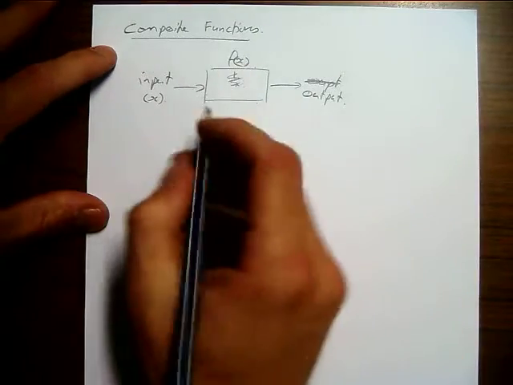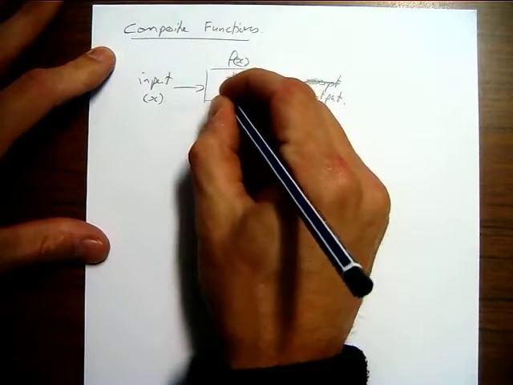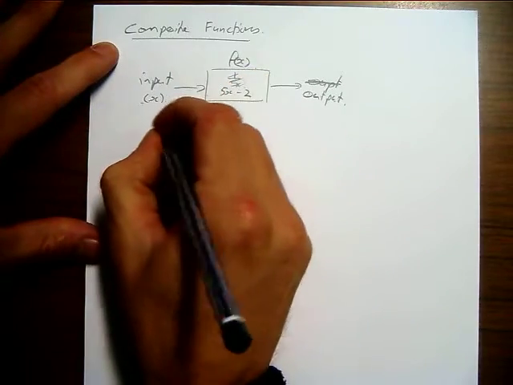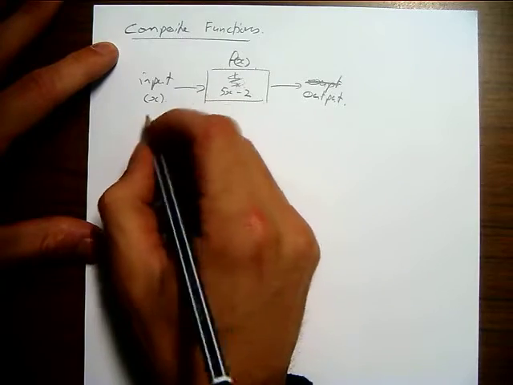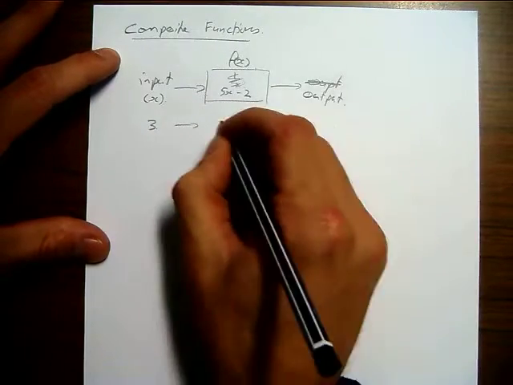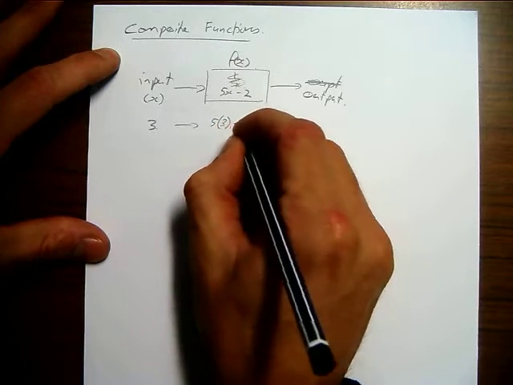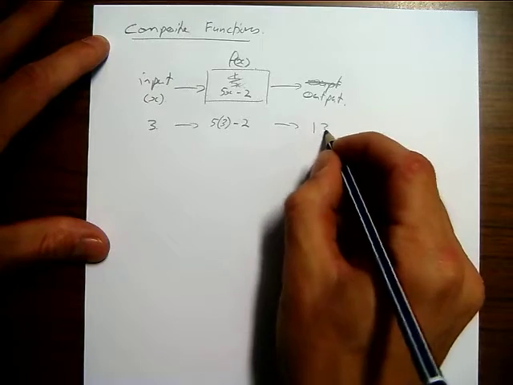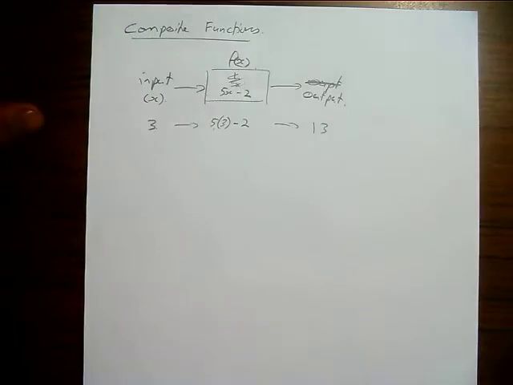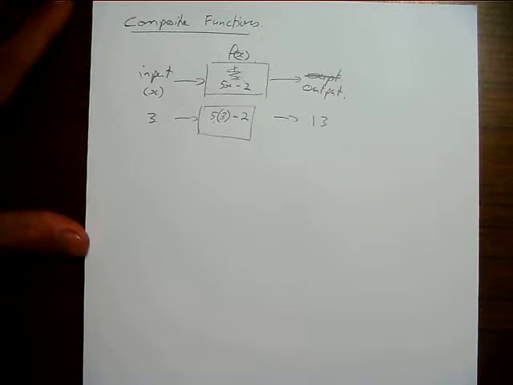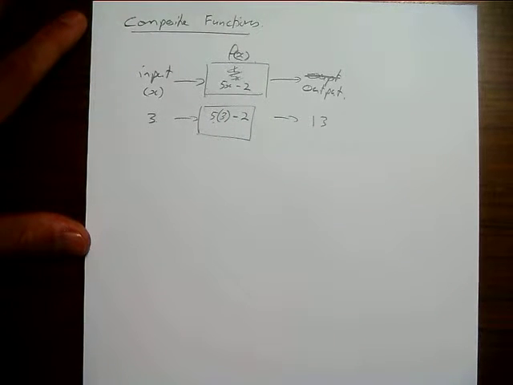So if our function is 5x take 2, and we put 3 into our function, then 5 times 3 take 2, we get out 13. 5 times 3 is 15, take 2, which is 13. So that's our basic idea of a function.